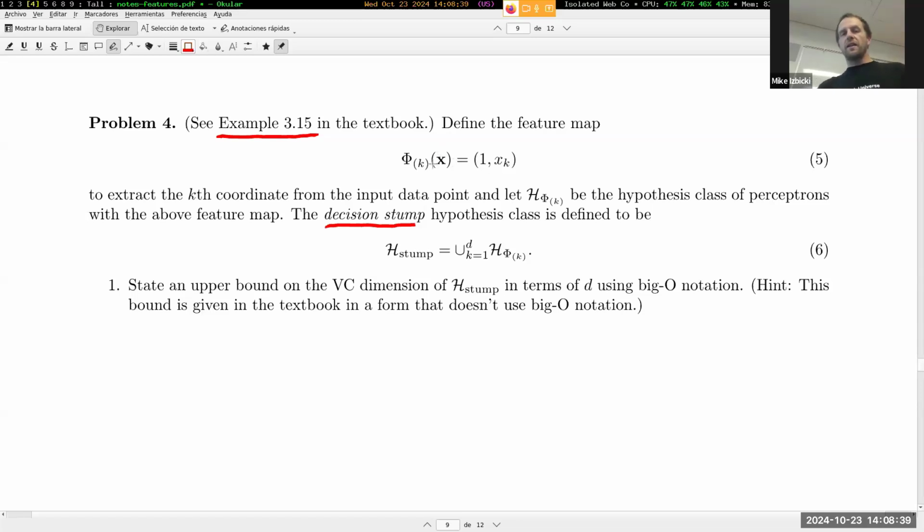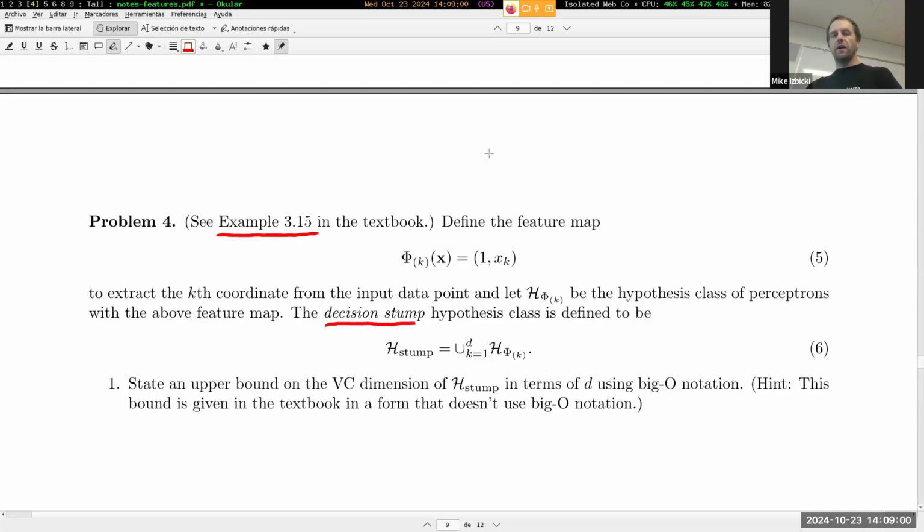What this feature map is telling us is that X here is a vector. This bold X on the left-hand side is a vector. And this K is a parameter to phi that determines which one of the phis we're using. The particular K value determines which entry inside of X we're going to care about.